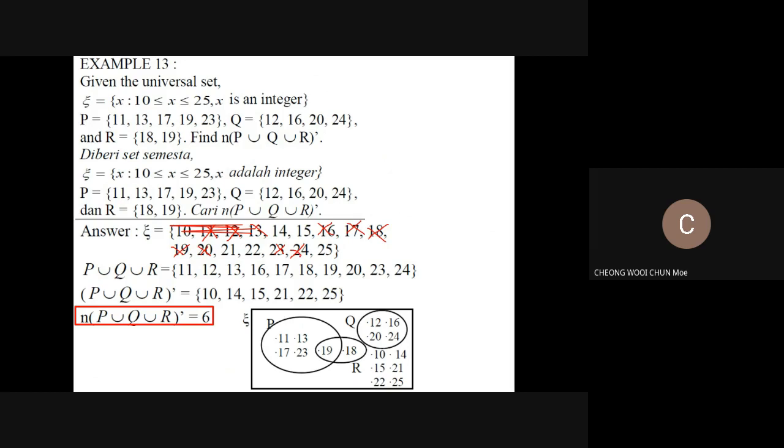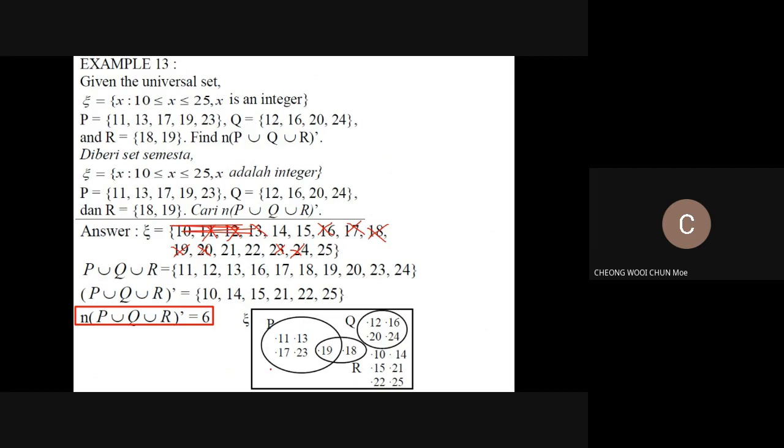So the remaining ones, the complement, will be 10, 14, 15, 21, 22, 25. Then the number of elements will be 1, 2, 3, 4, 5, 6, so 6. For the number of elements, no need for brackets. Remember, only elements need brackets.